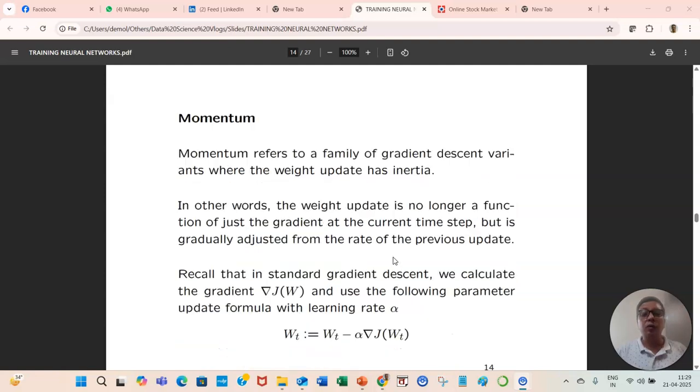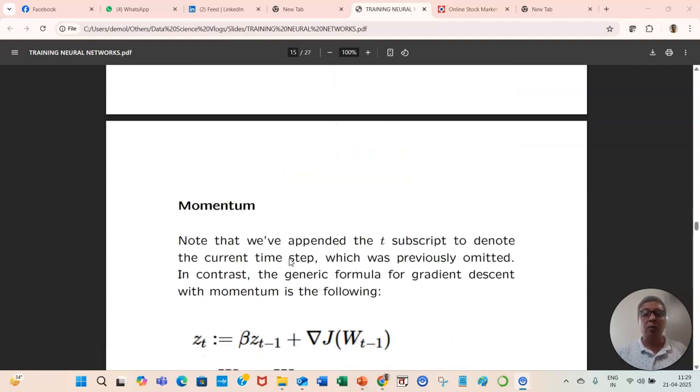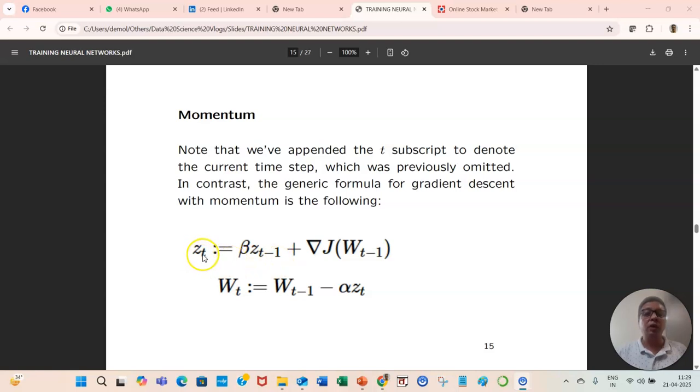If we consider the concept of momentum, this is the gradient descent method: Wt equals Wt minus 1 minus alpha times the gradient of J at Wt minus 1. So we use the old values to get the new values and repeat the process iteratively till it converges. But in momentum, we define a new variable zt, which is beta zt minus 1 plus the gradient of J at Wt minus 1. And we get the new value of weights, Wt, as Wt minus 1 minus alpha zt.